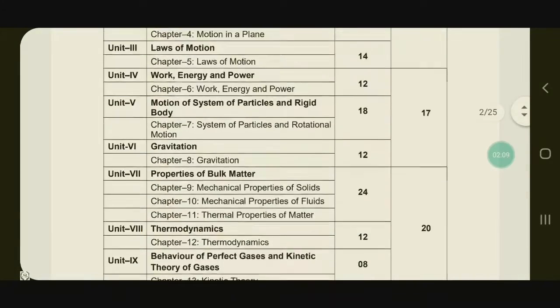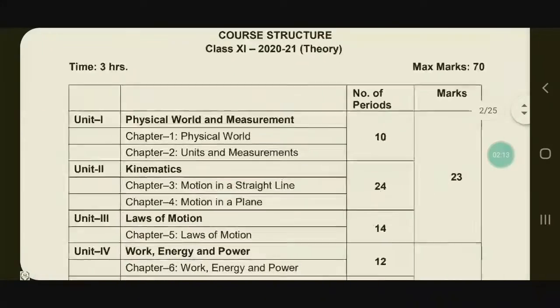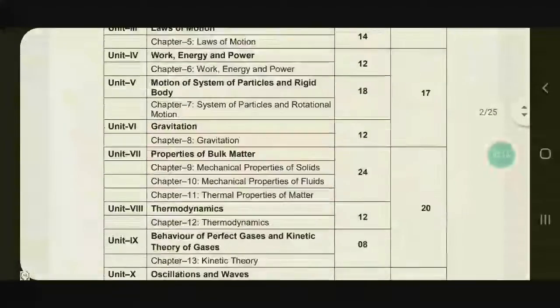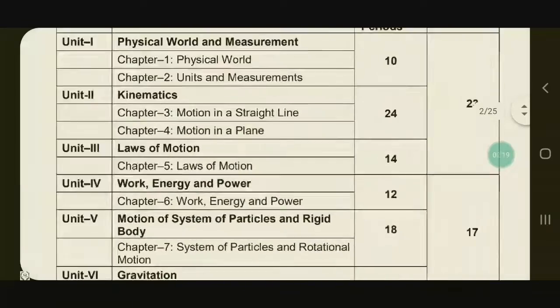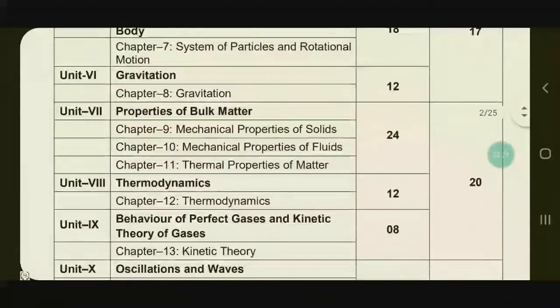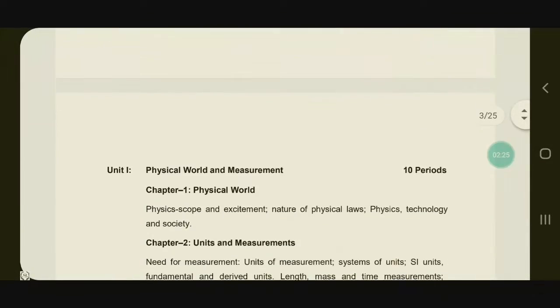They are comprised of different marks, and the total marks is 70. The syllabus of 11th physics is quite the same as last year. There is nothing changed in this session in this portion.